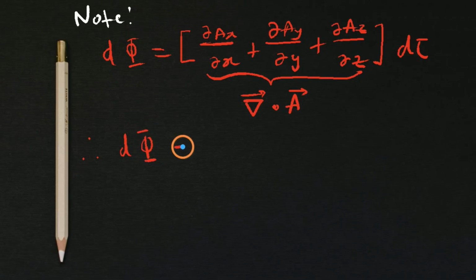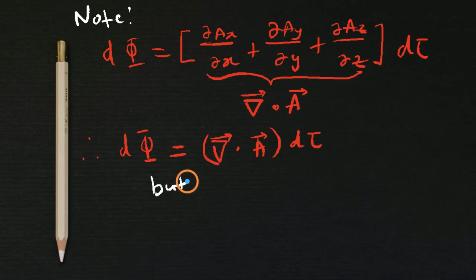So we can simplify the whole equation above to simply be nabla dot A, the divergence of the vector field, the spread of the field, multiplied by the volume d tau. But as we have now come to this point, we realize that at the beginning of our derivation we had stated something important.